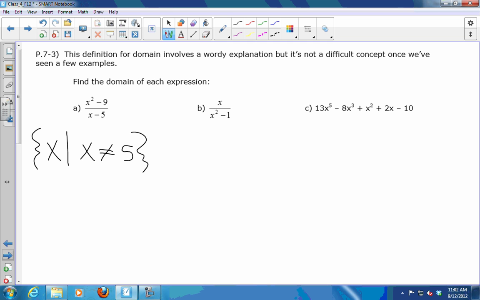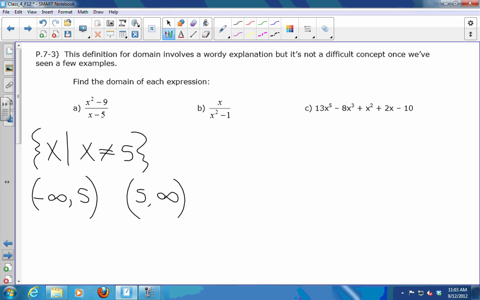If I wanted to write it in interval notation, it would be a little more difficult. I would say, well, I can start at negative infinity, and I can go to 5, right? But not include the 5, because I can't plug 5 in. But I could plug in 4.9 or 4.999 or 4.999999999. And then I would say, okay, I can start at 5 and go to infinity, because I could plug in 5.1 or 5.01 or 5.00001, right?